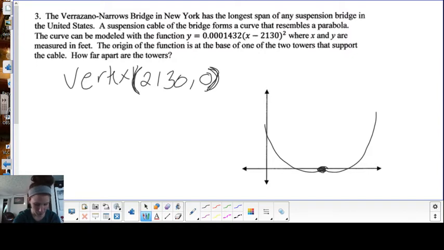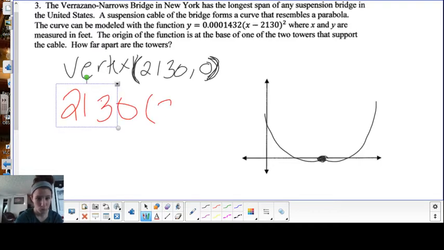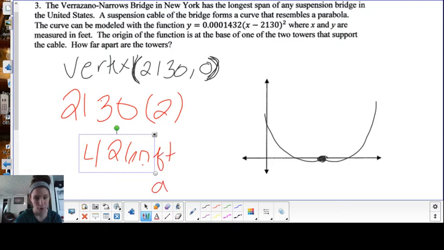What we want to know is how far apart the towers are. So, if my vertex is halfway between that, all I do is multiply that by 2. 4260 feet apart.